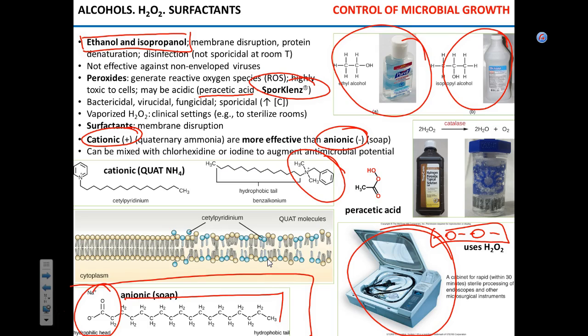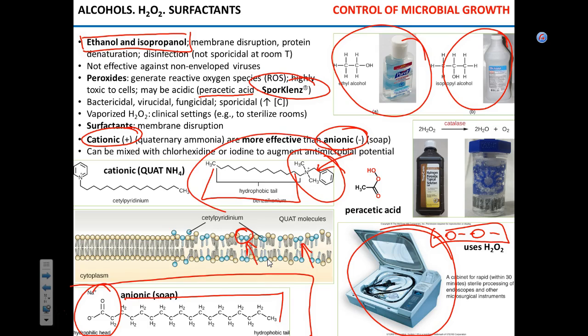On the contrary, cationic surfactants, like benzalkonium, which has a positively charged hydrophilic head and a hydrophobic tail, their hydrophilic heads can bind to the surface of the bacterial membrane and introduce themselves into the membrane.